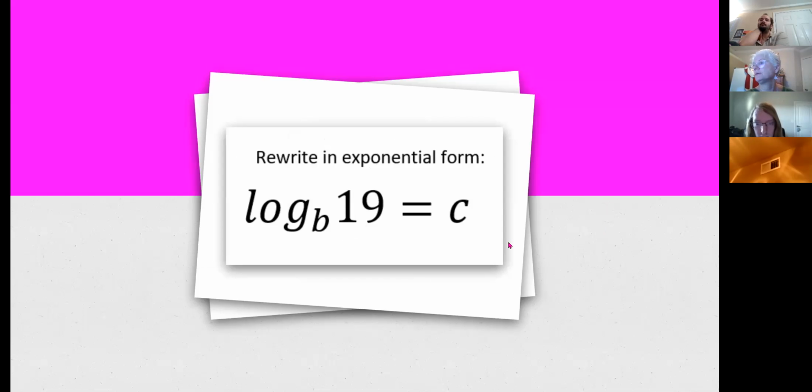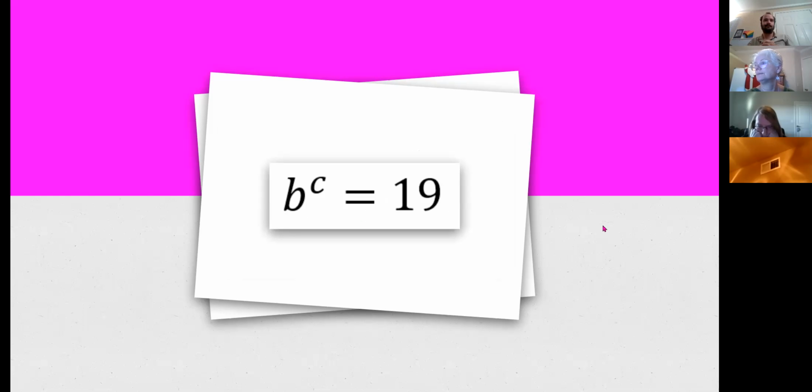You should be able to go from logarithmic form into exponential form. And to do that, this is read, the exponent that turns B into 19 is C. So B to the C equals 19.